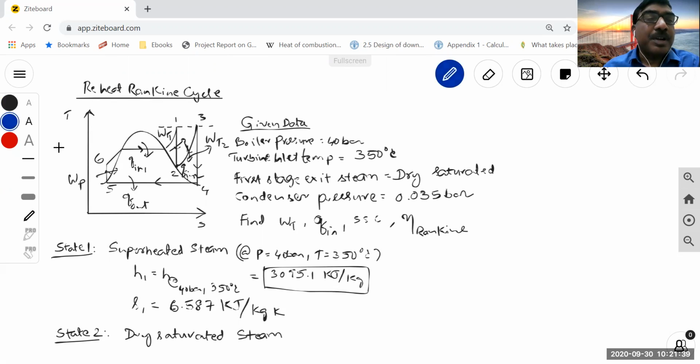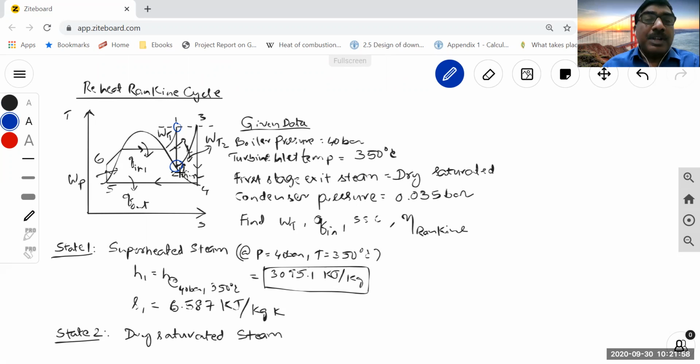We only know what is the entropy at this particular point. So this is the isentropic process. By using the same entropy, we have to find out this particular value.